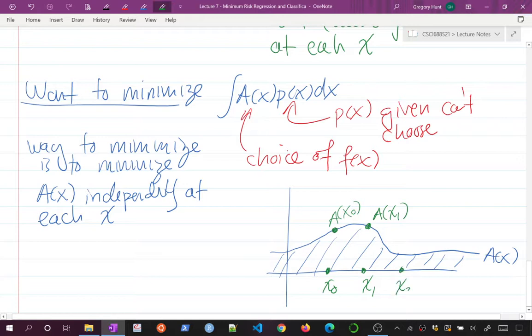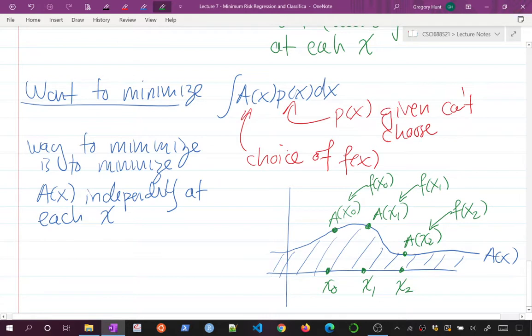You'd go to another point, x2, and you would choose f, hopefully, so that a of x2 is as small as possible, right? So what I'm doing here is I'm choosing f of x naught to make sure a of x naught is as small as possible, and choosing f of x1 to make sure a of x1 is as small as possible, f of x2 to make sure a of x2 is as small as possible.